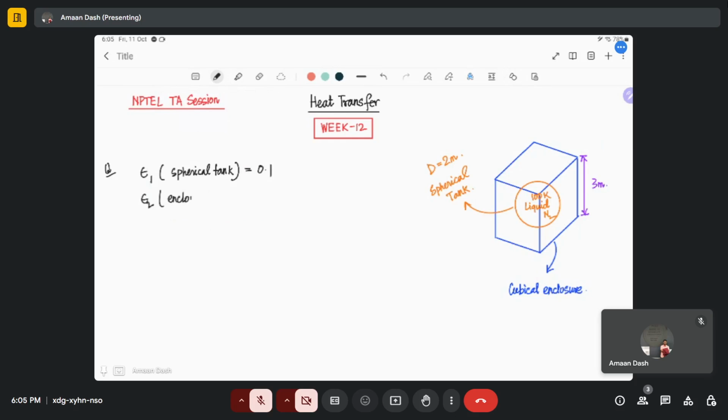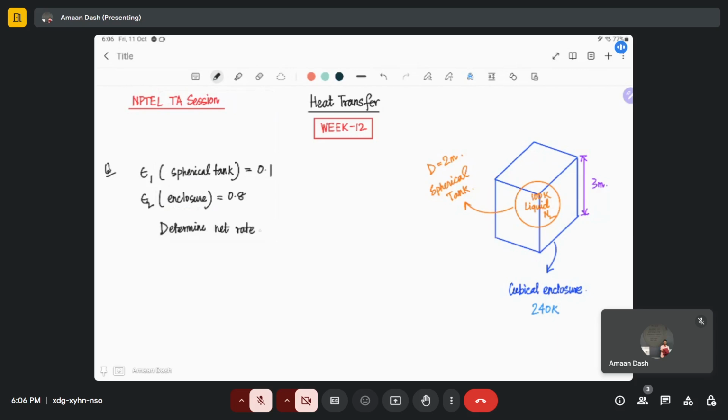So this is a spherical tank, and the diameter of this tank is 2 meter. And this is filled with liquid nitrogen.